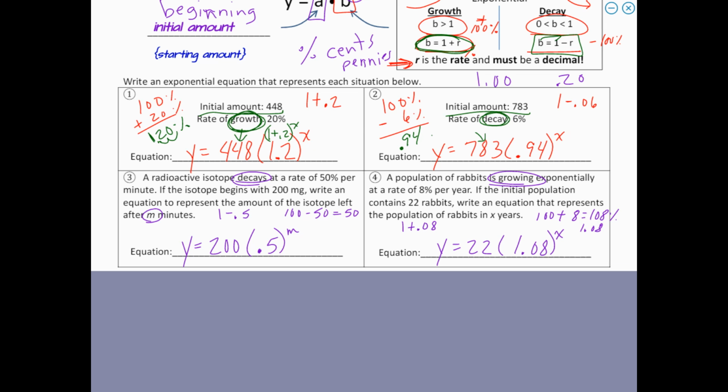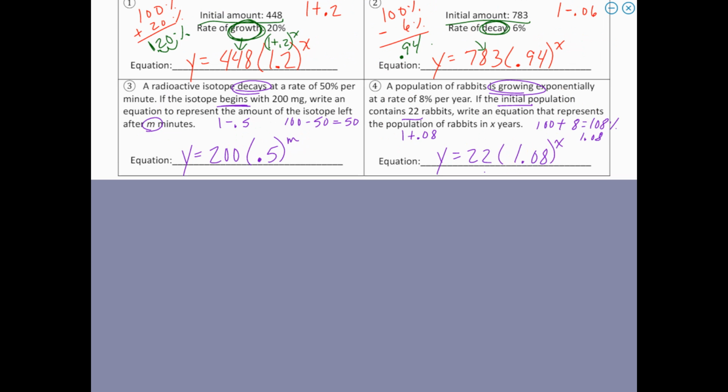In number 4, it was growing, so you had to add to that 100%. So 100 plus 8 is 108%, and if you change it to a decimal, it's 1.08. The rabbits' initial population was 22, so that's your starting amount. Over here, the isotope begins with, so that's your starting amount.